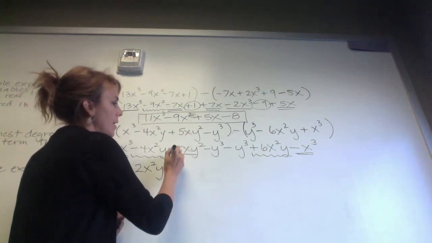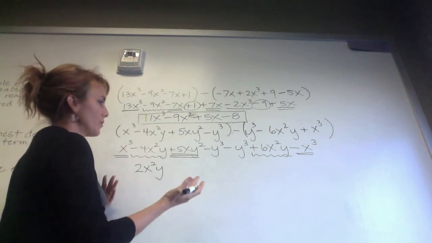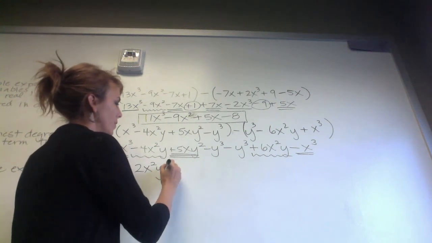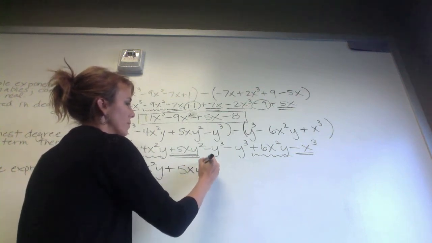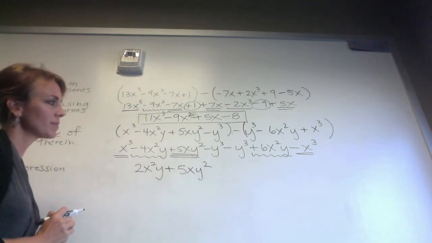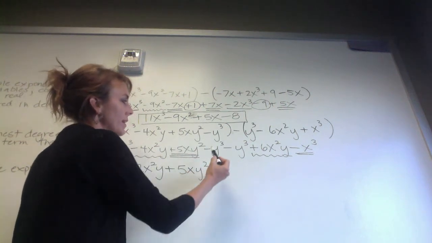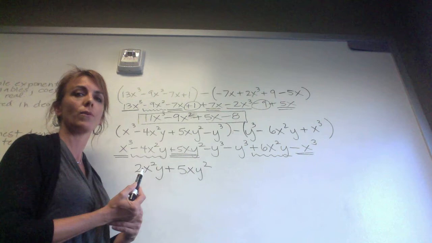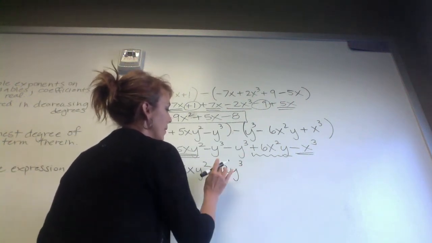Here I have a 5xy squared, and there is no other term that is like that. So I'm just going to put that down here, 5xy squared. And then I have two terms left. Lucky for me, they both have y cubed in them. I've got a negative y cubed and a negative y cubed. Well, that's two negative y cubes, right?